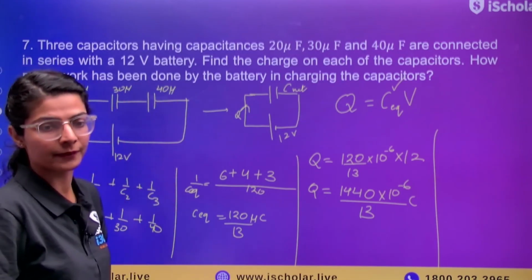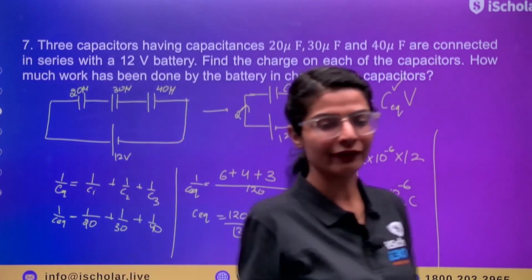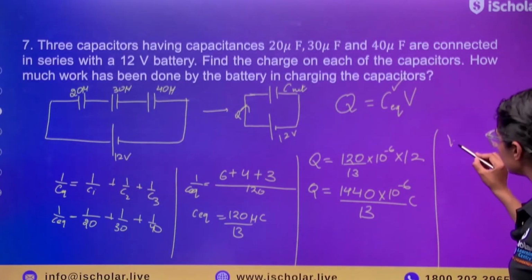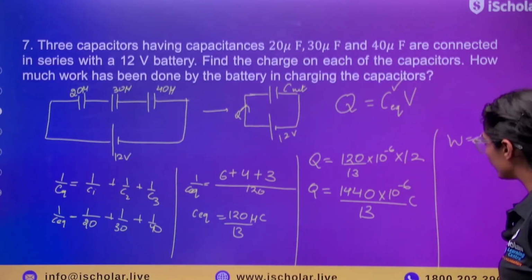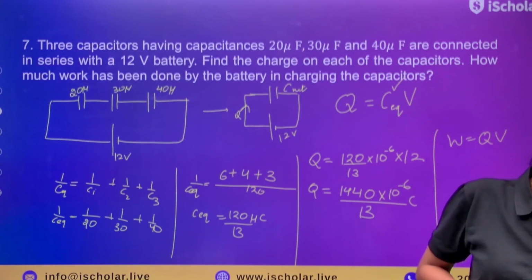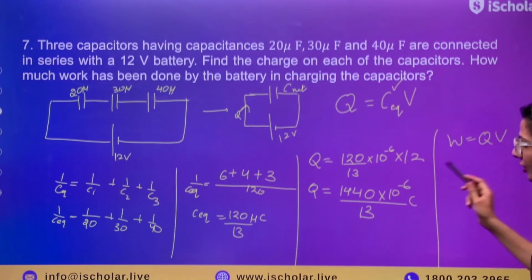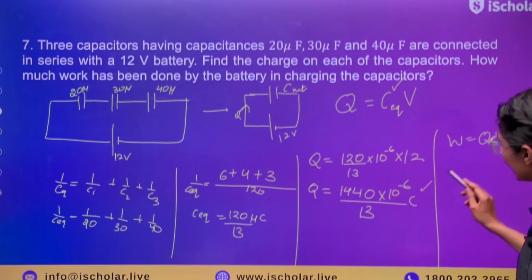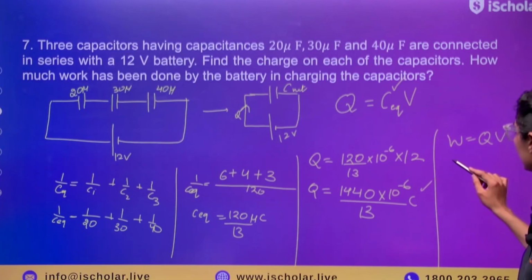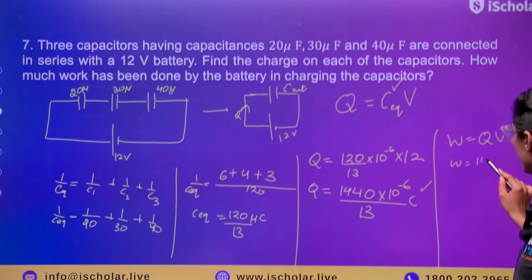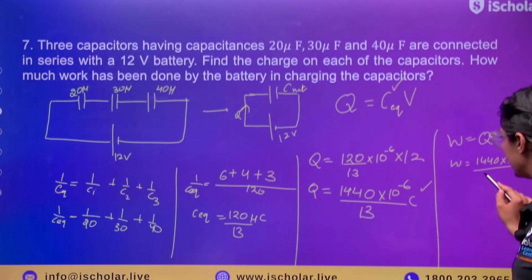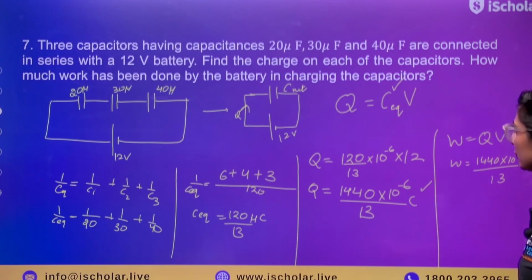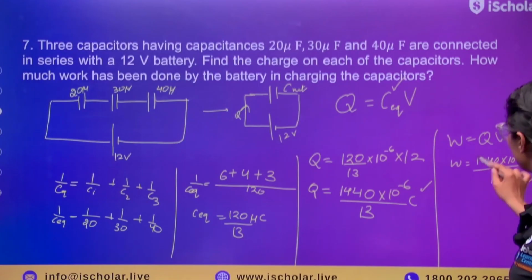Now what is next asked is how much work has been done by the battery in charging the capacitor. So work done by the battery will be given as Q into V. What is Q? The charge into V being the potential. So charge value you have, potential you have. So work done would be simply 1440 into 10 to the power minus 6 divided by 13 into the voltage value, which would be 12.